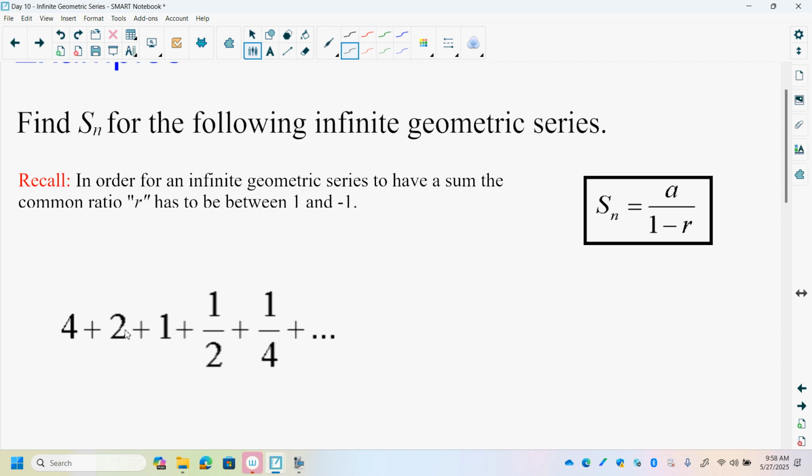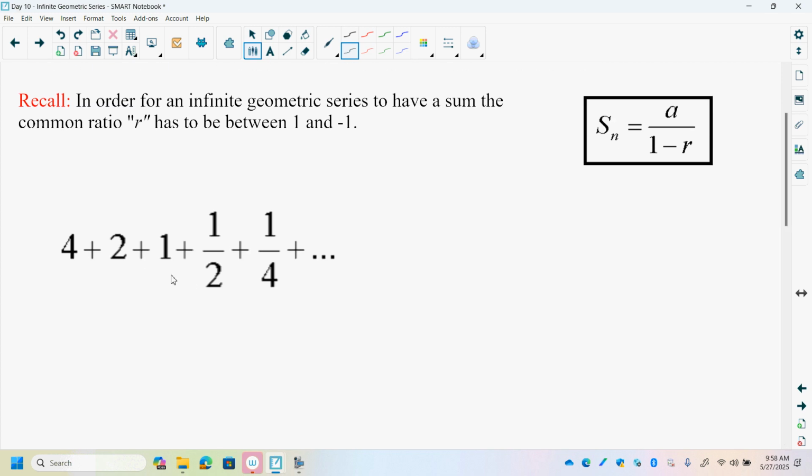All right, first of all, what type of sequence do I have in the first example? It's geometric. It's got an A value of 4. That's T1, the first term. What's the R value? A half. 2 divided by 4, 1 divided by 2, a half divided by 1, a quarter divided by a half.